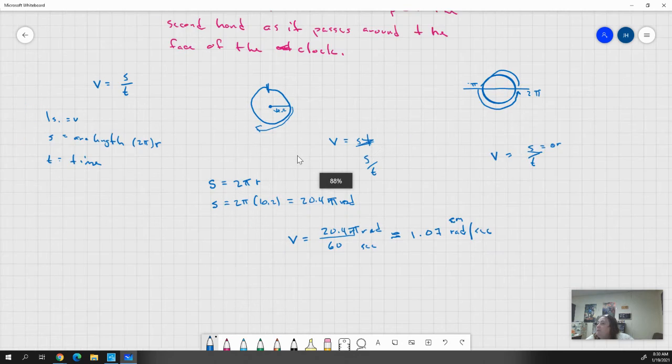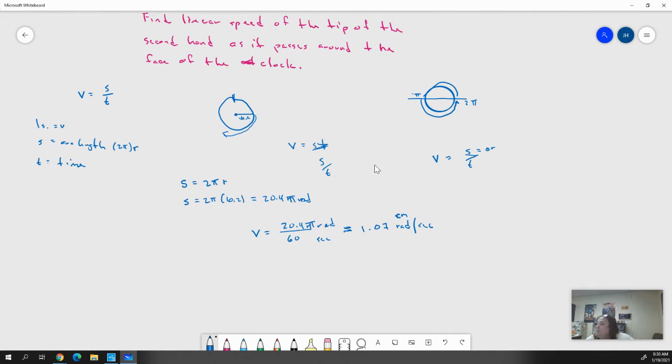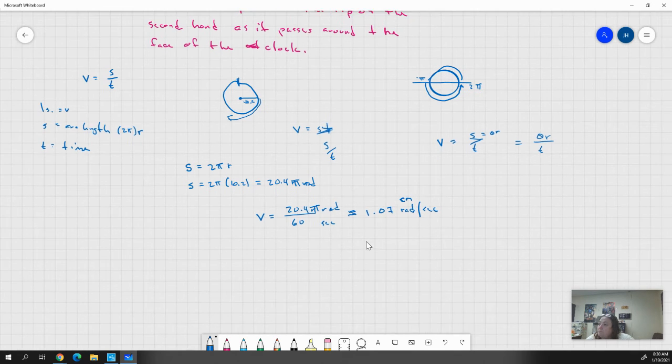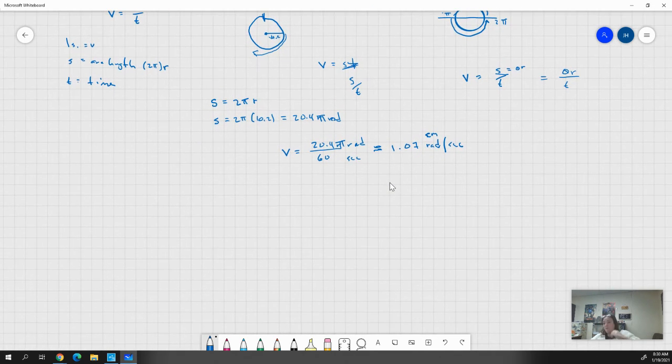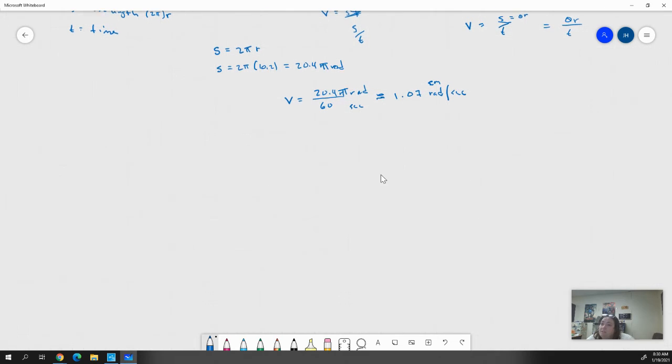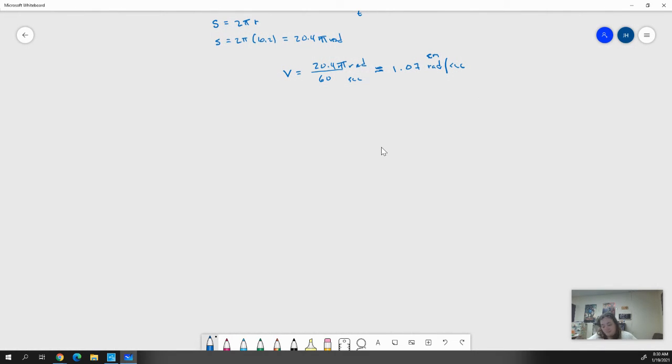So it's like saying that we have theta times the radius over time. That was ugly math right there. It made sense, but I sure didn't make it pretty for you.